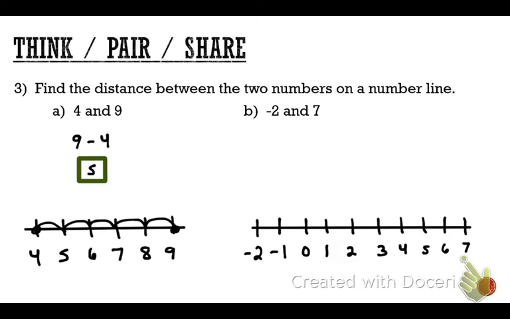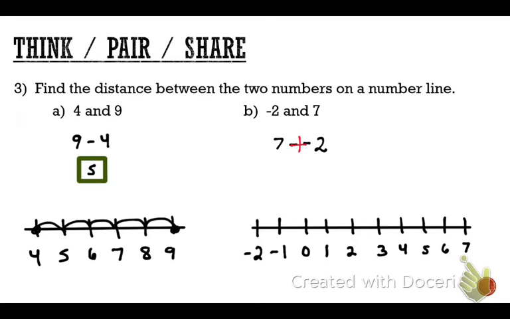Okay, let's go on to problem B. The distance between -2 and +7. As I walked around, some people got 5 because they just did 7 minus 2. Be careful. You take the bigger number. What's the bigger number? 7. And then you minus the smaller number. What's the smaller number? -2. What do you see there?